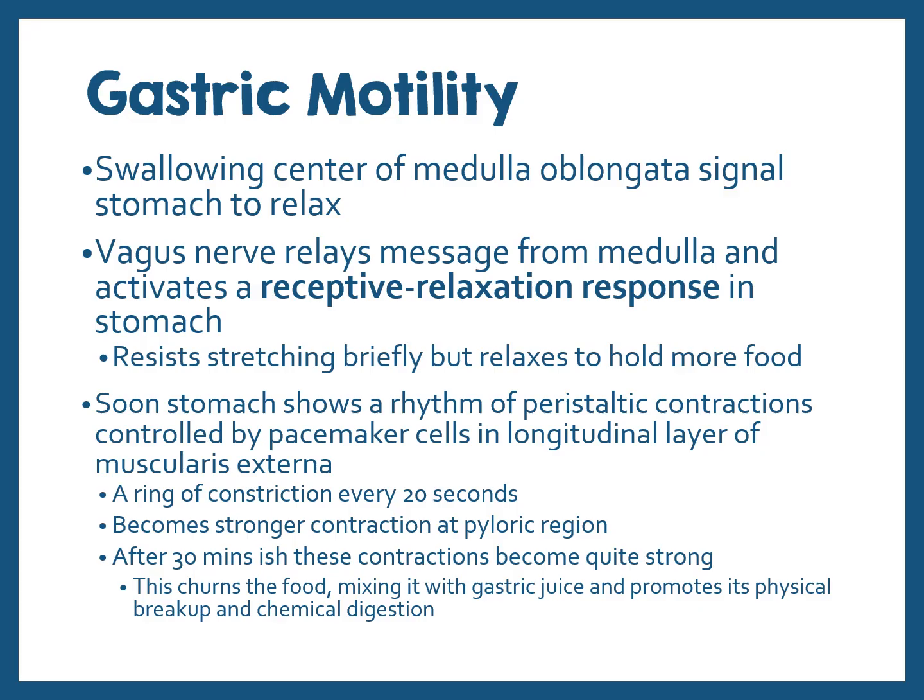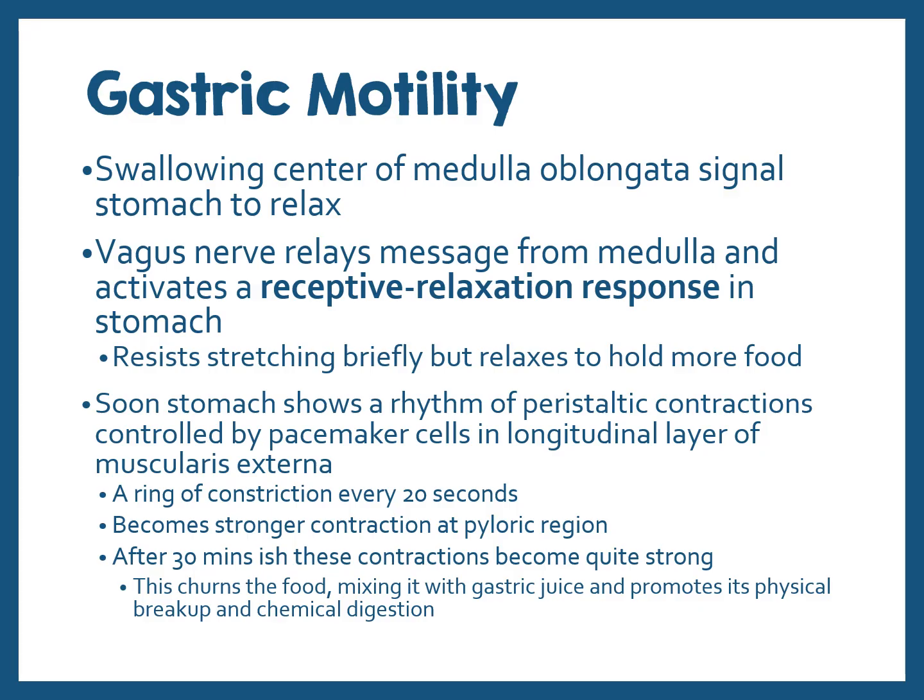Soon after the stomach has received the food, it's going to start to contract those muscles, and it's going to start these waves of peristaltic contractions. Those waves of contractions will be controlled by pacemaker cells within the longitudinal muscle layer of the muscularis externa.